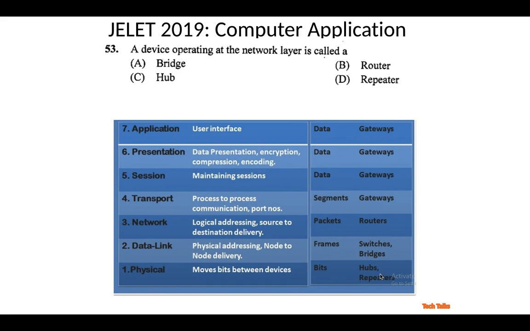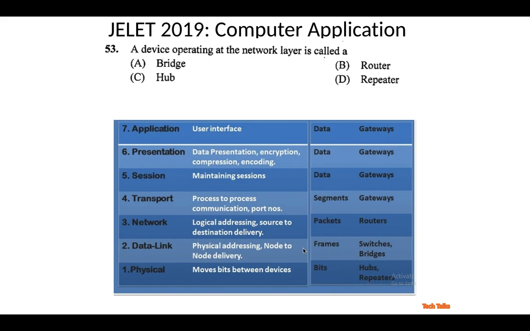Whatever data a hub gets, it broadcasts to all. Hub has no brain. What is a repeater doing? When the signal becomes low, it gets the signal and retransmits the same thing. It doesn't try to understand or read the data, it only amplifies the electrical signal. So it works in the physical layer.